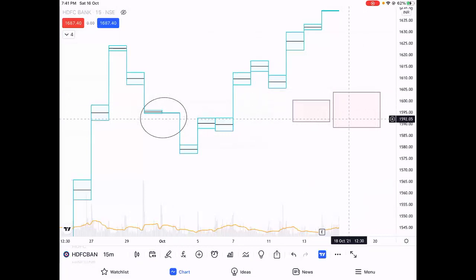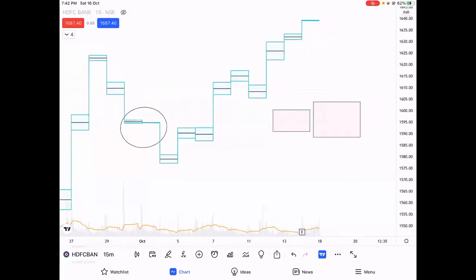So technically, all these three things will give you the third series of CPR, that is inline CPRs. Whenever this kind of series occurs, you might take a view that the market might be consolidating.